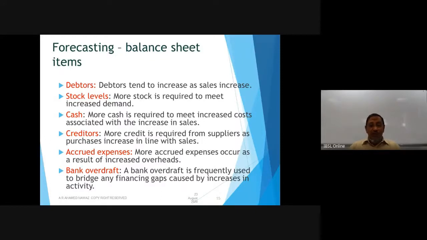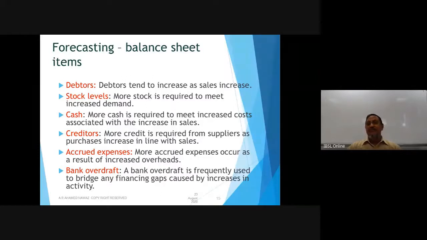But the risk is when you use overdraft as a permanently continuous facility, as there is no collateral security for the overdraft. So when you are projecting the balance sheet, this overdraft figure has to be taken as bridging the gap, temporarily.